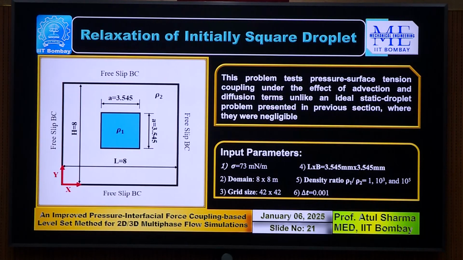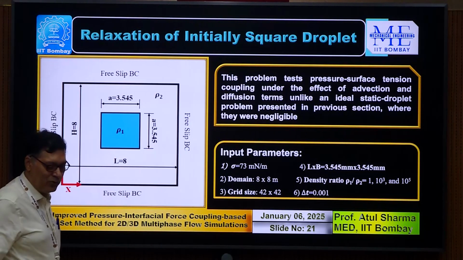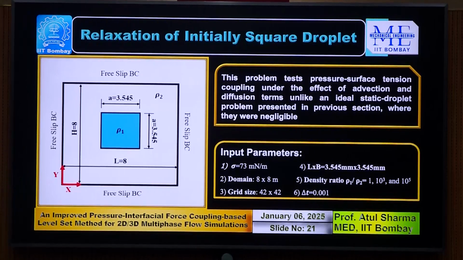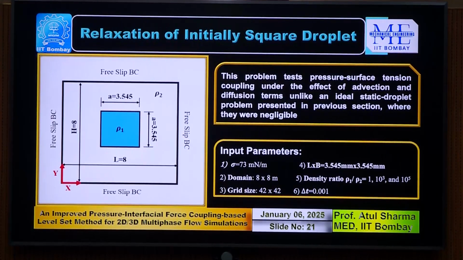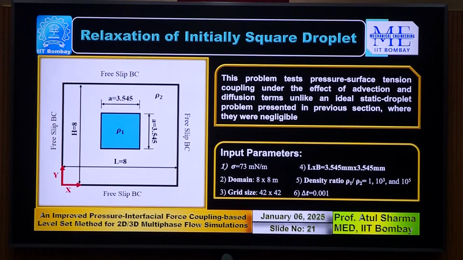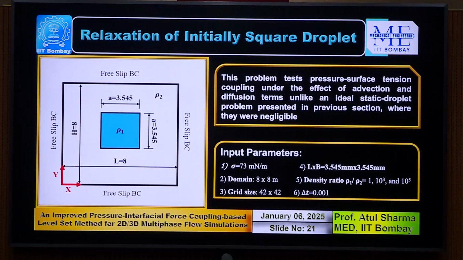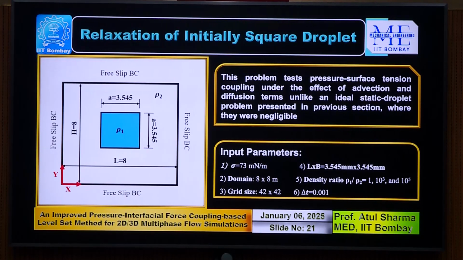So in this problem, we have the freedom to choose, as compared to experiment, whatever we want to set. So let us suppose you take a square drop. As you proceed with the simulation, this square will finally, as all of you know, reach a circular shape.